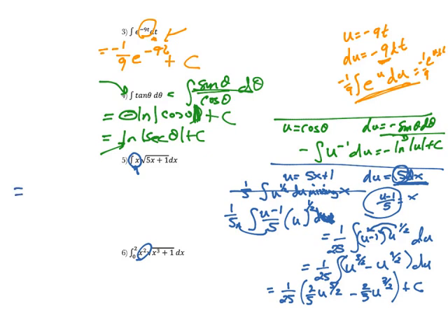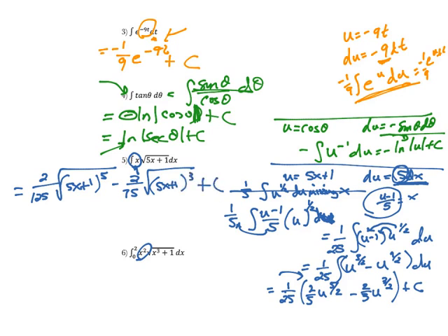But then my answer to this particular problem up here, if I distribute the 1/25, I'd have 2 over 125. 5/2 is really the square root of u, 5x plus 1, to the 5th power, minus 1/25 times 2/3, so that's negative 2/75 times the square root of 5x plus 1 cubed plus c. So that would be the answer to that problem. Tougher, much tougher than what you're used to seeing.